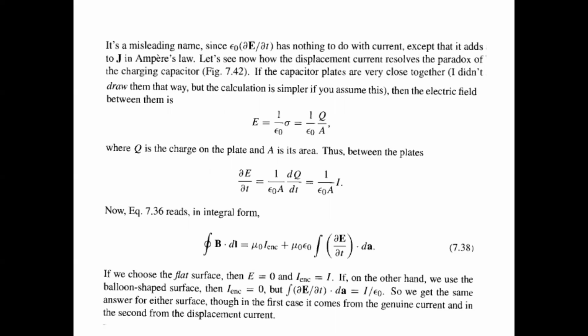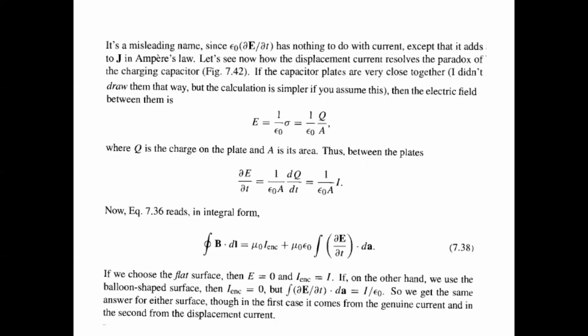Then the electric field between them will be, as we know from electrostatics, Q by A ε0, where Q is the charge on the plate and A is the area. Taking the time derivative, ∂E/∂t finally gives you I by ε0 A.